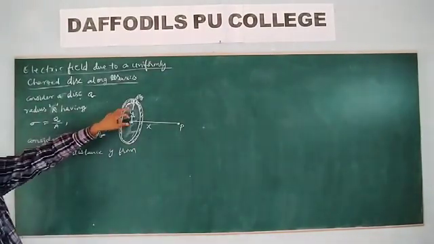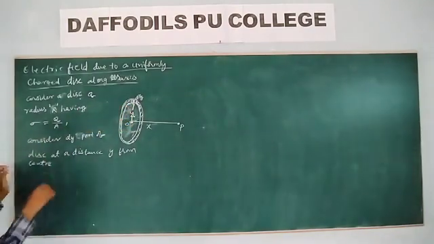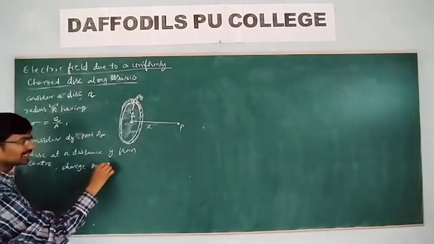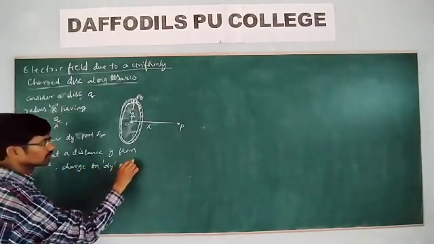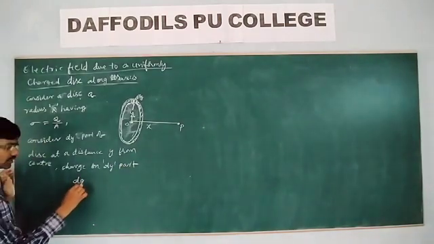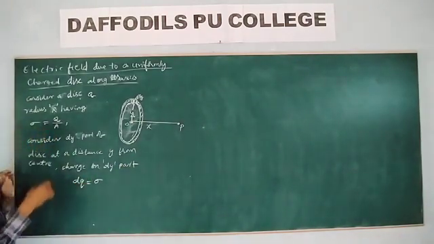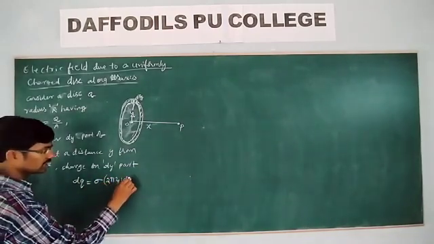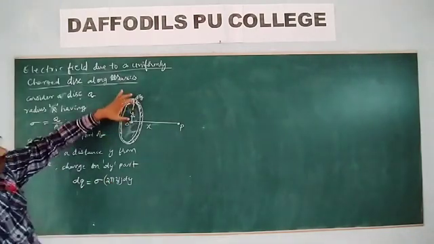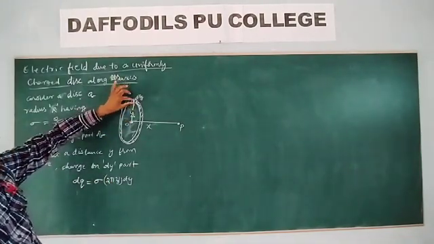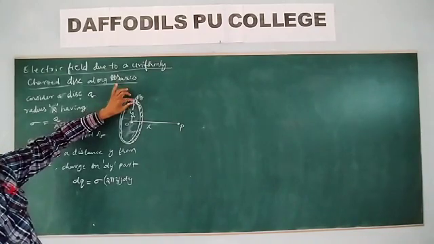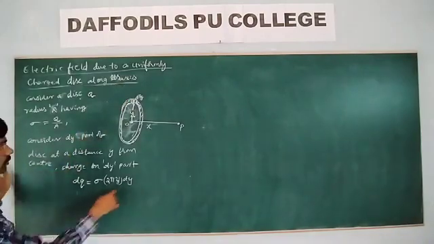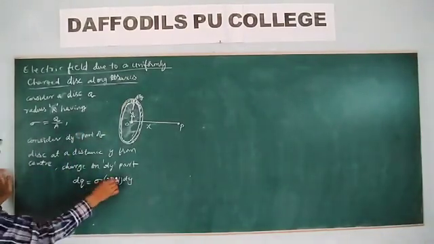Now tell me, what would be the charge on the dy part? dq is equal to sigma, the charge per unit area, into 2 pi y into dy, because 2 pi y is the length and dy is the thickness, so the area is length into thickness. That is 2 pi y into dy.